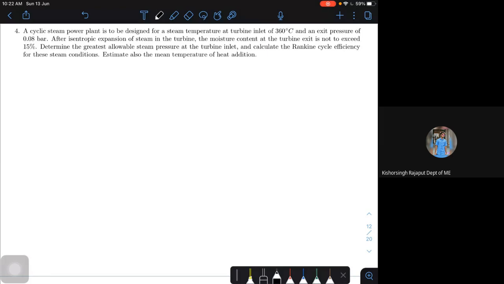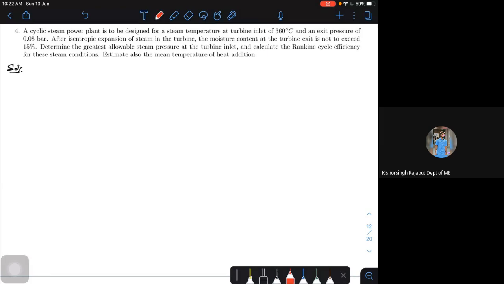After isentropic expansion of steam in the turbine, the moisture content at the turbine exit is not to exceed 15%. Determine the greatest allowable steam pressure at the turbine inlet and calculate the Rankine cycle efficiency for these steam conditions. Estimate also the mean temperature of heat addition, the extra thing we are supposed to do. Now let's try to solve this problem.